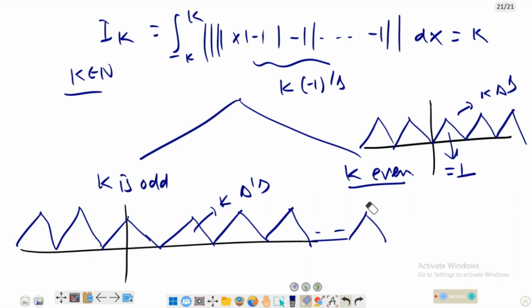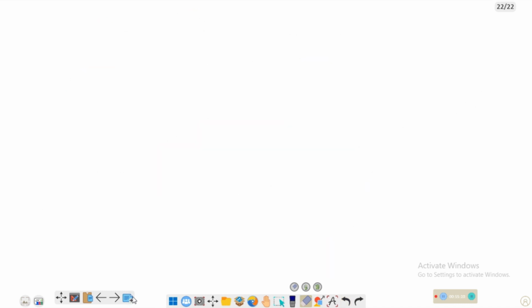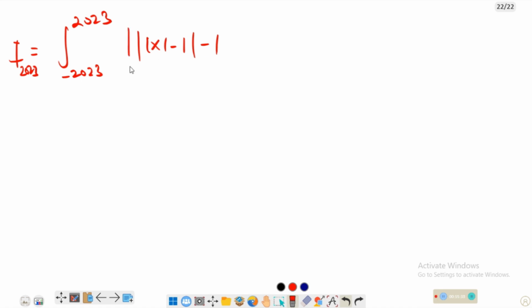So if we calculate our original integral, what is our original integral? Our original integral is I, integral from minus 2023 to 2023 of mod x minus 1 mod minus 1 mod dot dot minus 1 mod dx.